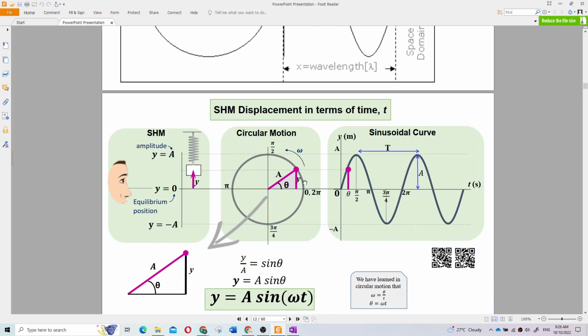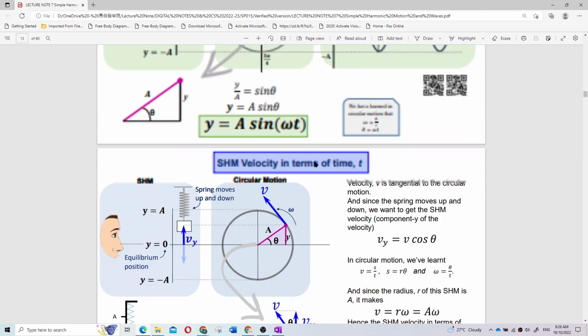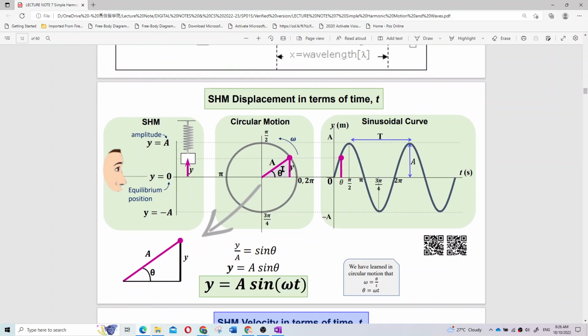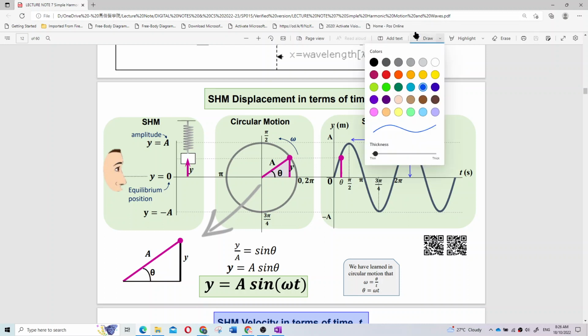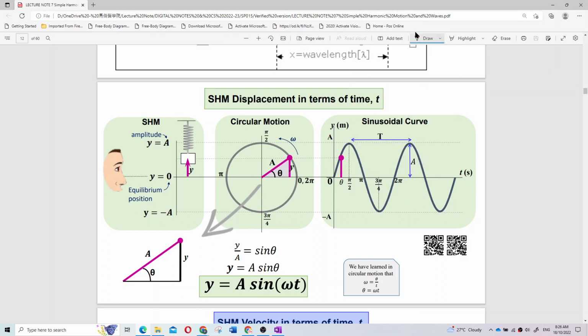This is the y component. Still remember last time you learned about this one. So how about this side? What is this? This is the square root of A square minus y square, isn't it?